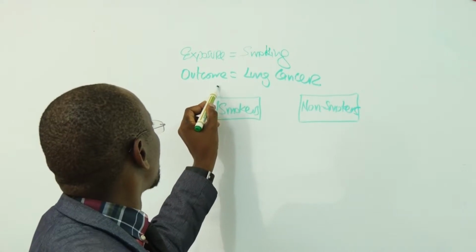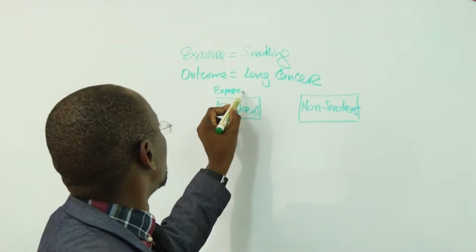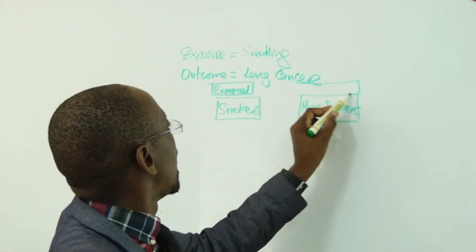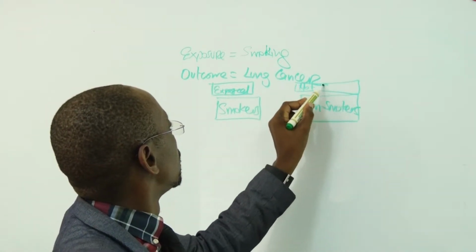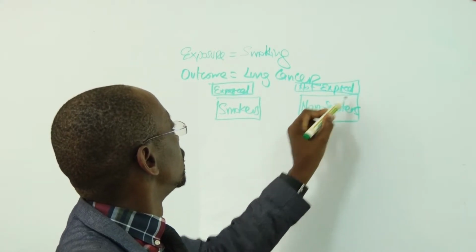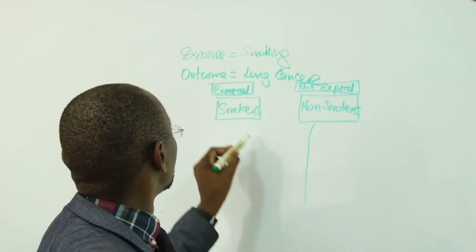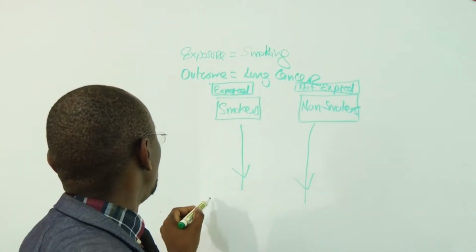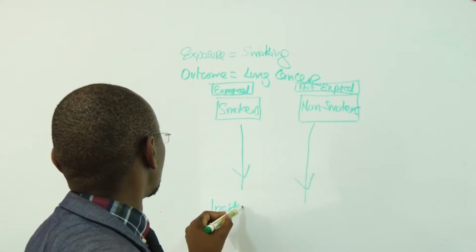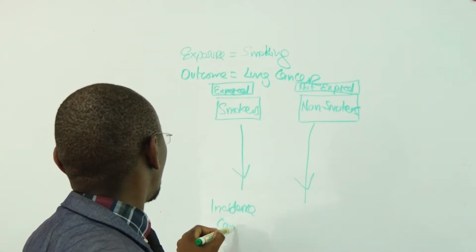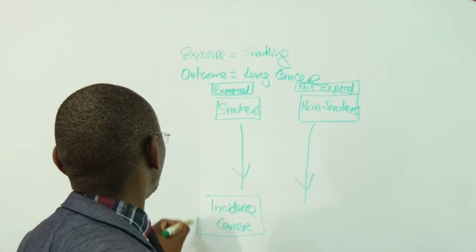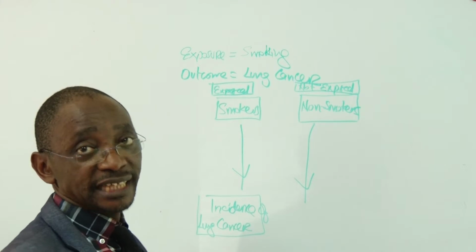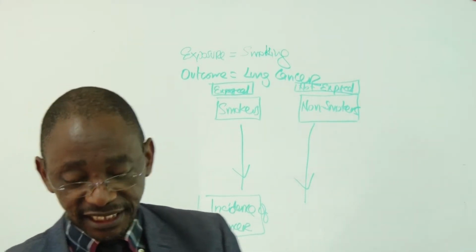So these are exposed to cigarette smoke. These are not exposed. So we follow these groups over time, and in each of the groups, we determine the incidence of lung cancer, and then we compare the incidences.